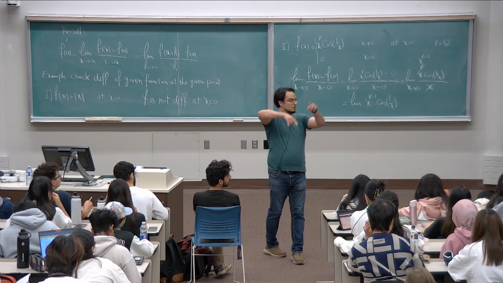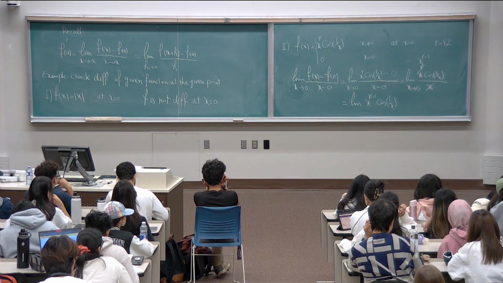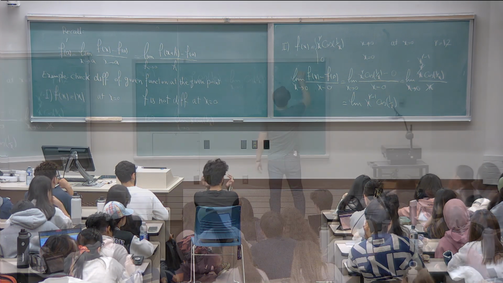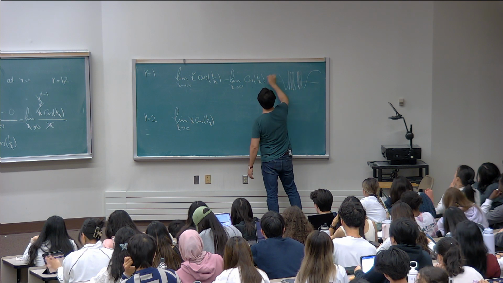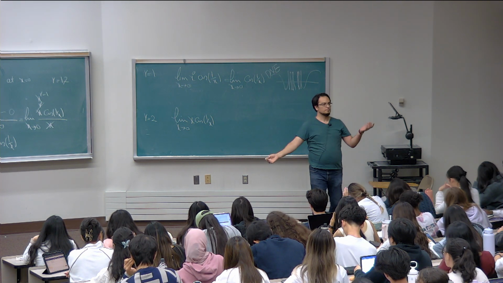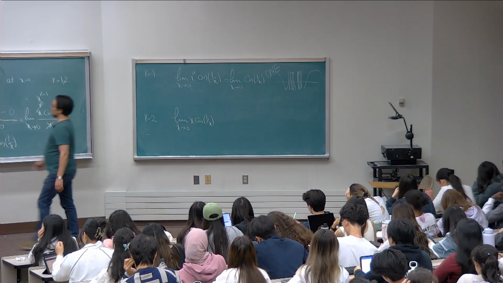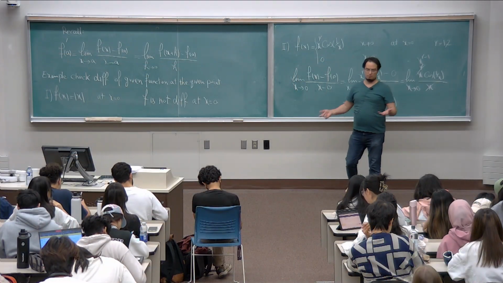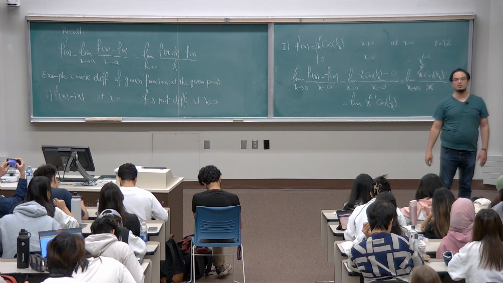It just goes, when we get closer to 0, it oscillates, and you get something like that. So this limit does not exist. And that's an example of a function close to 0 that doesn't have a derivative, or it's not differentiable at 0.